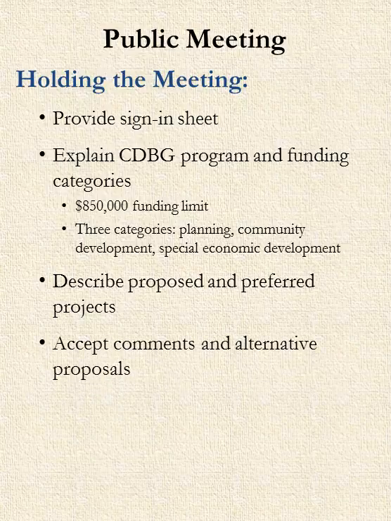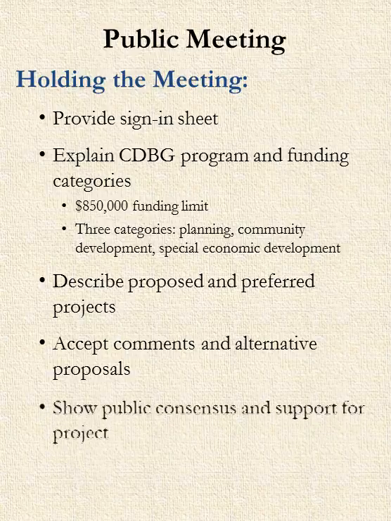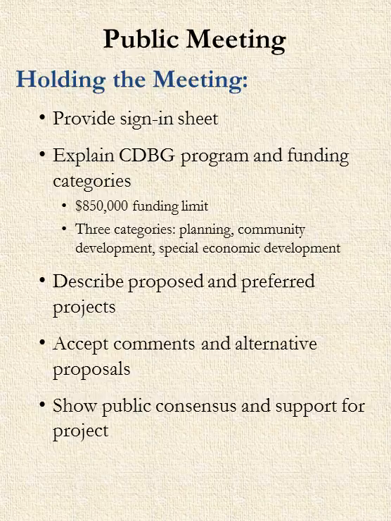You need to allow community members to comment on your proposed projects and come up with alternative proposals. If they have some projects you haven't considered yet, they need to be allowed to propose those projects. And then you need to show some sort of public consensus or support for this project.